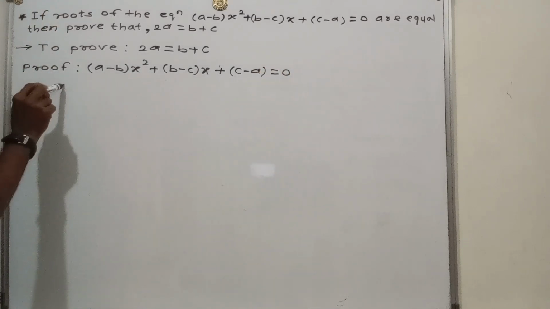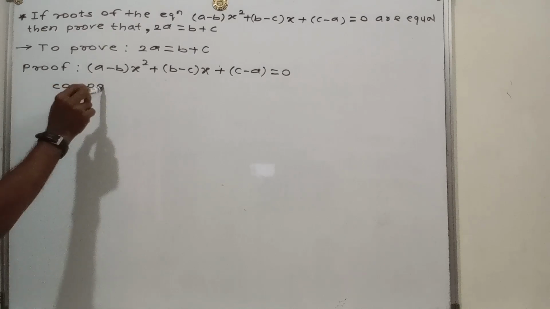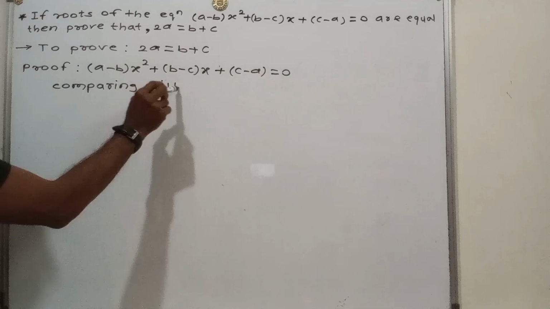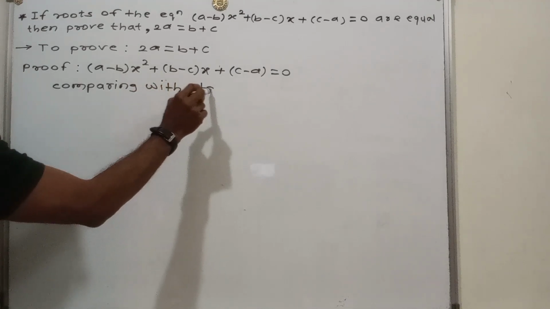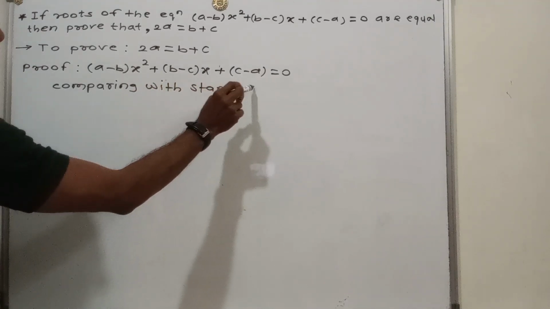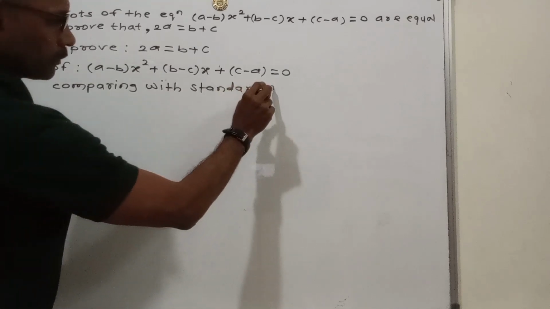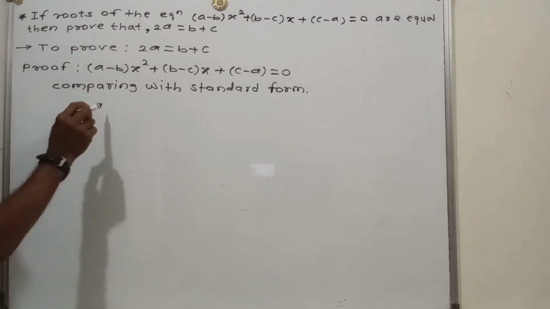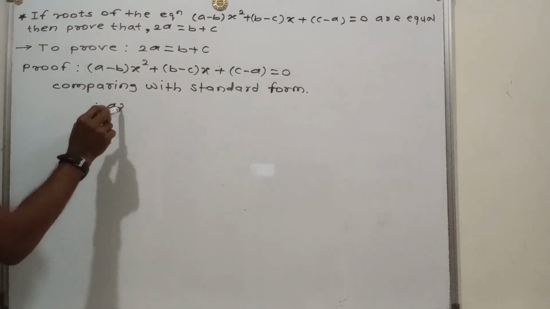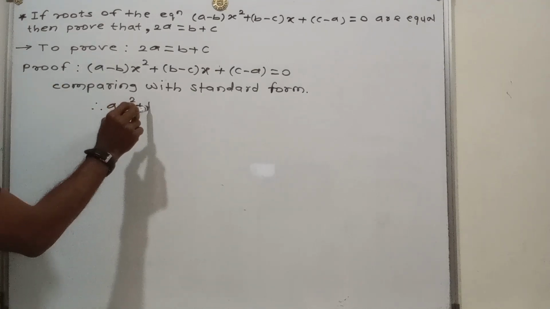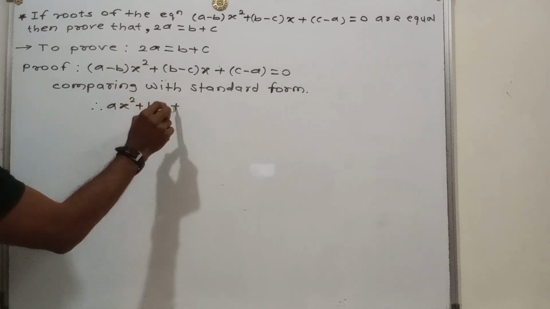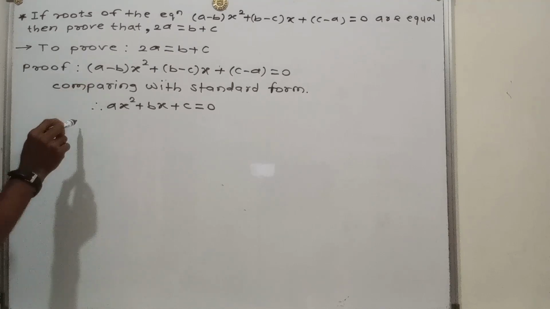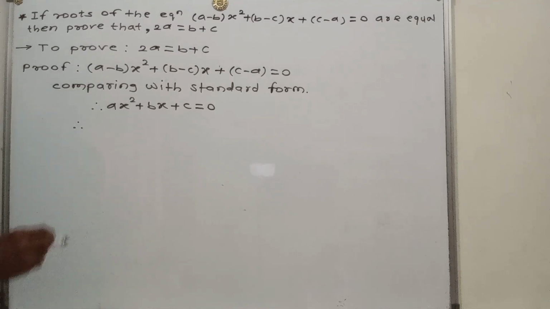Now comparing with the standard form. Okay, what is the standard form? ax² + bx + c = 0.